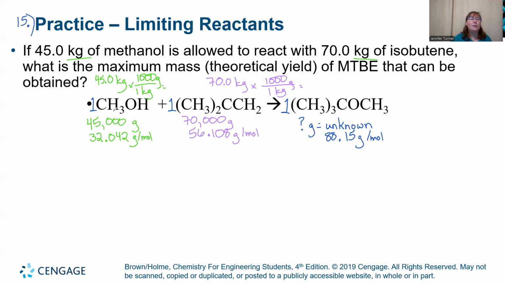Okay, so let's go ahead and take a look at how to work this. Again, we're just going to be working our stoichiometry twice. We're going to start out by working with this CH3OH, which is our methanol, and we'll do that one first. And this tells us that we have 45,000 grams of methanol.